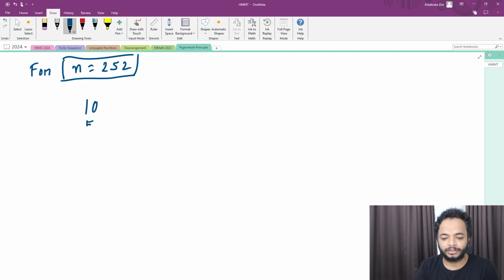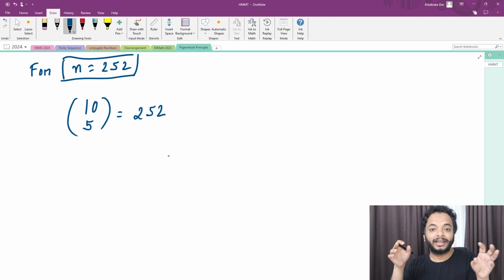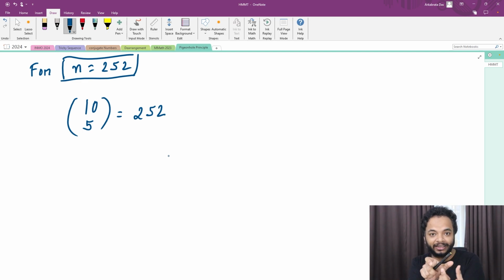Now notice that 10 choose 5 is 252. So what we can do here is, try to understand, I have 252 students, and 10 choose 5 is 252, so that means 10 questions. Now if I try to form sets of 5 questions, how many different sets of 5 questions can I form? 252.